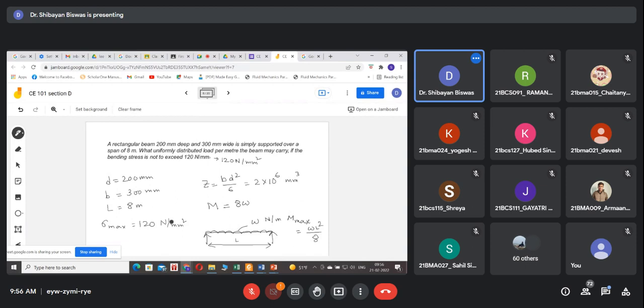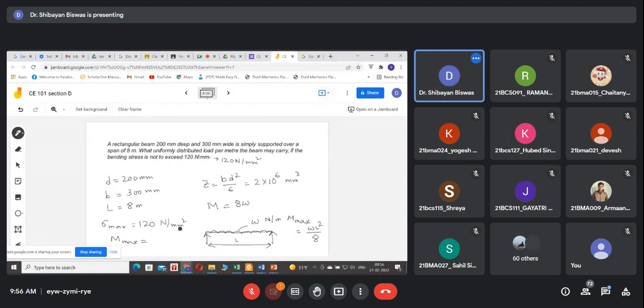Now, as you were saying, there is another way we can find the moment. What will be the other way, or the ultimate value of the M max? Sigma max into Z. Now it's very good.